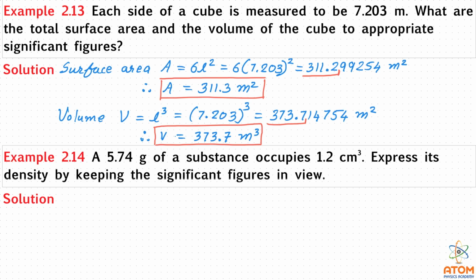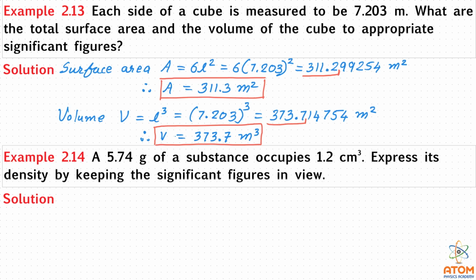Now let us see example 2.14. A 5.74 gram of substance occupies 1.2 centimeter cube of volume. Express its density keeping the significant figures in view. Now when we talk about density, density is mass upon volume.